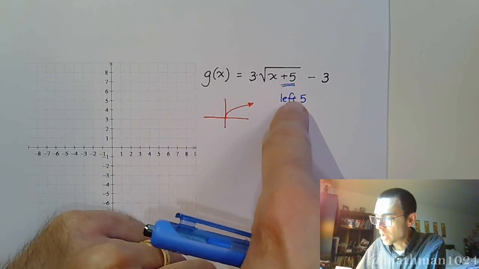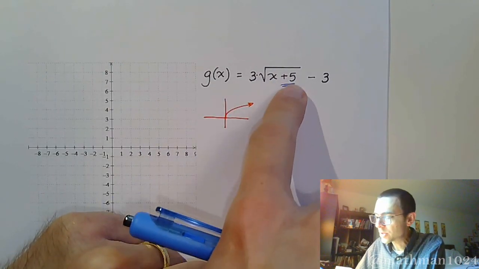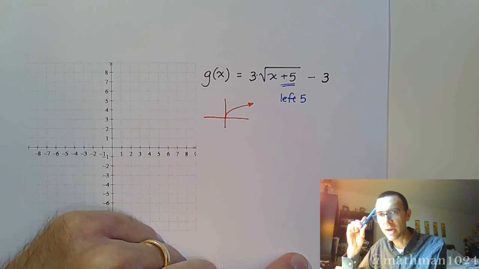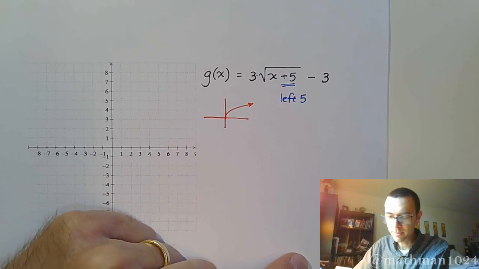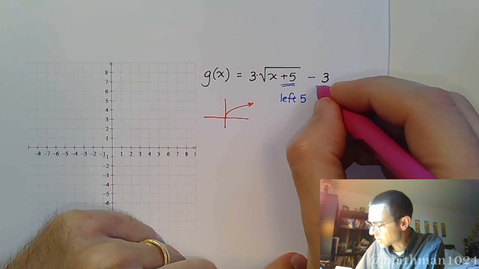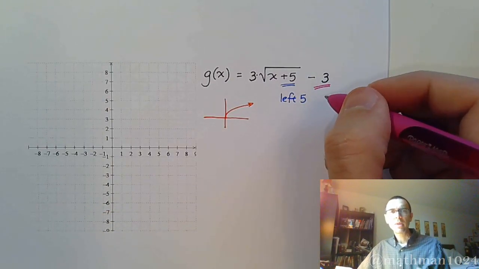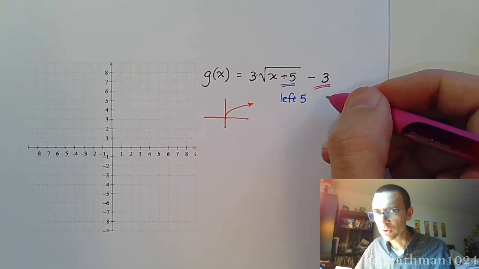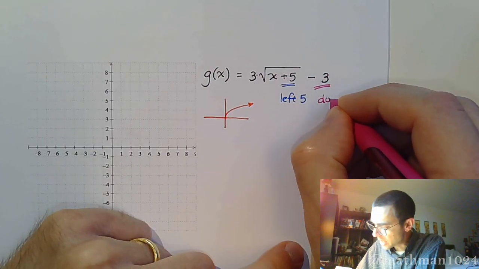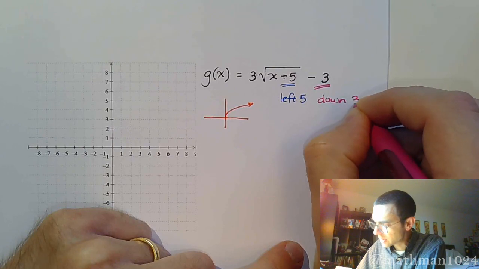Inside your function, a horizontal shift is the opposite of what I see. I see plus 5. I need to think negative 5, which means go to the left. And then I have minus 3 on the outside here. So that's over. Outside, vertical shift, do exactly what you see. I see negative 3, so that means I'm going to go down 3.